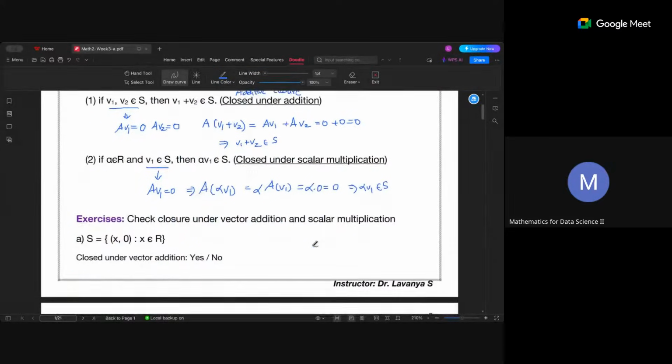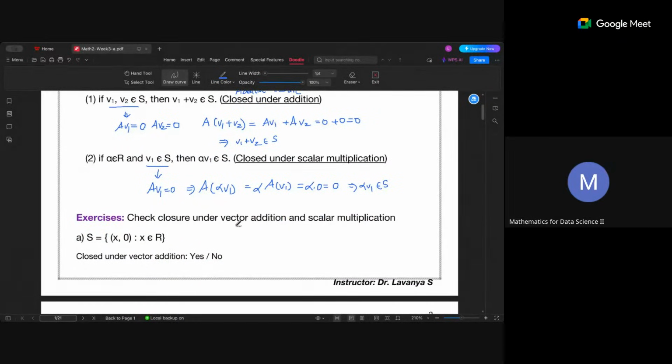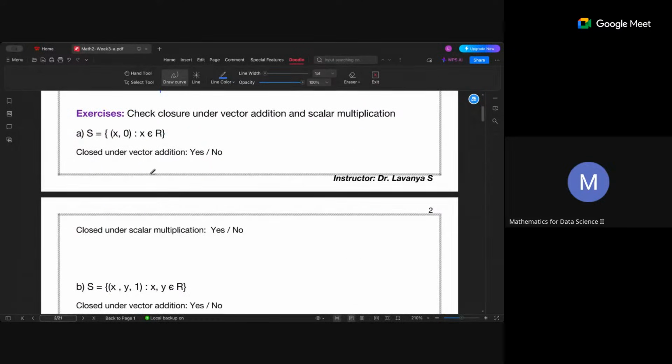Now, check closure under addition and scalar multiplication for the following sets. So, now consider this set, which is a subset of R2. Now, can you check whether it is closed under addition? So, for closure under addition, what is it that we need to do?